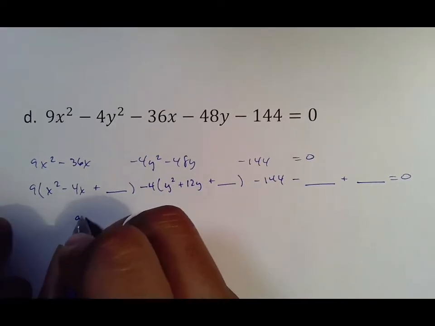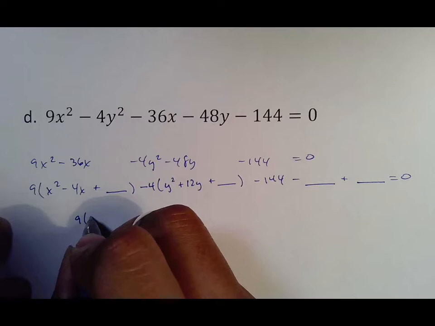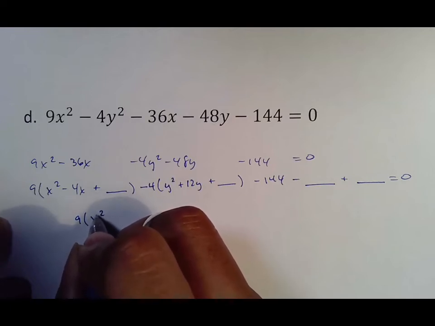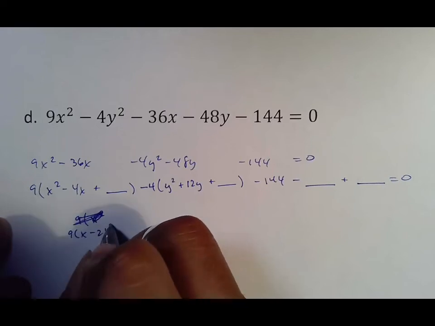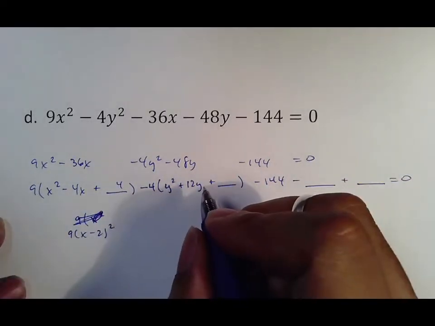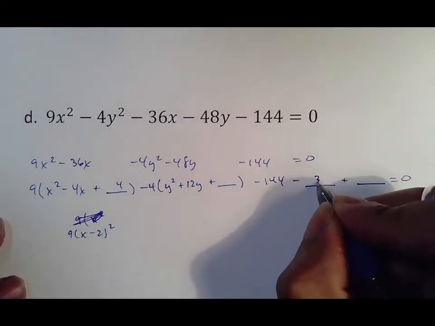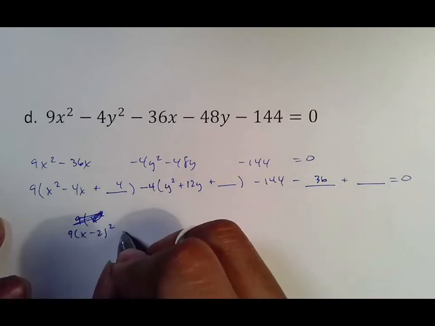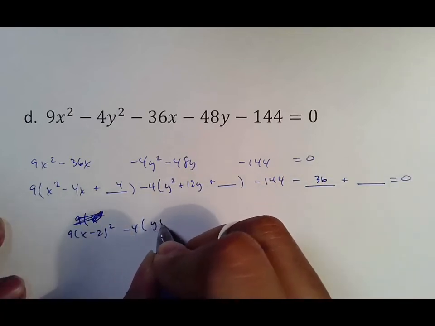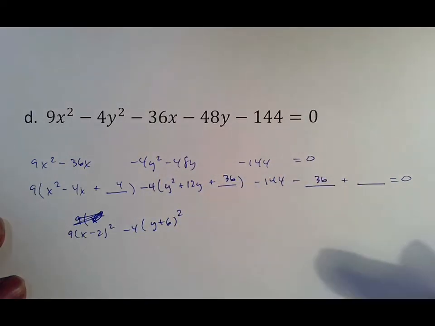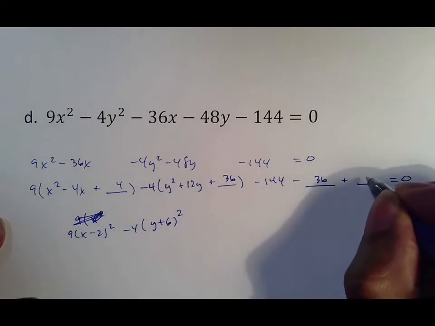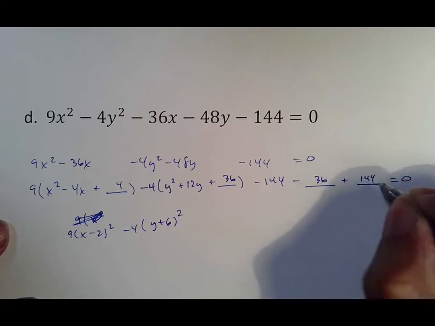And then, getting ready for the end, 9 times x minus 2 squared, which brings up 4, which makes that 36. Minus 4 times y plus 6 squared, which makes 36. 36 times 4 is 120 plus 24, which is 144.